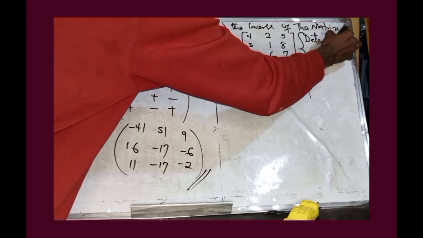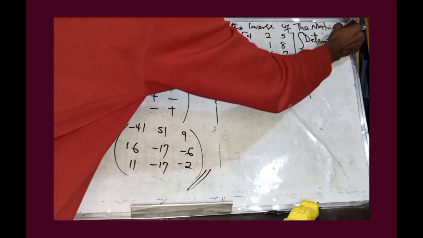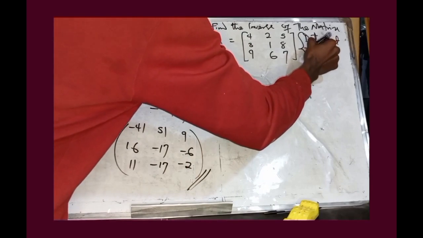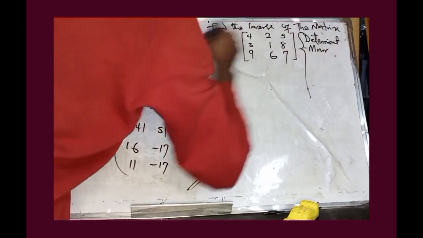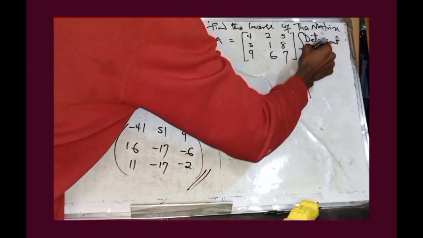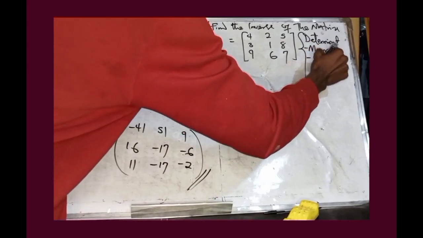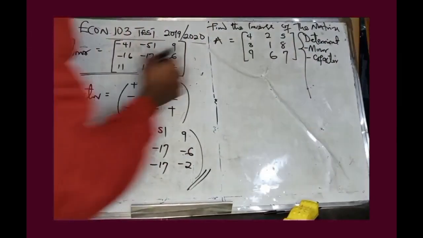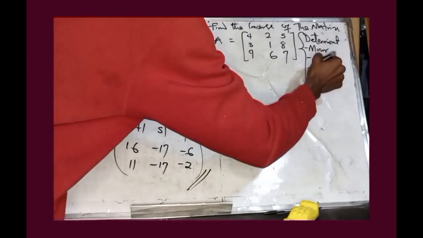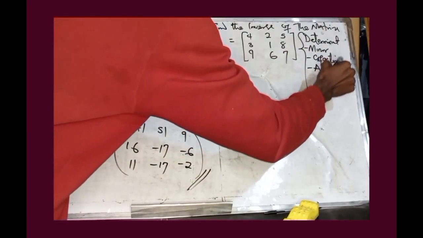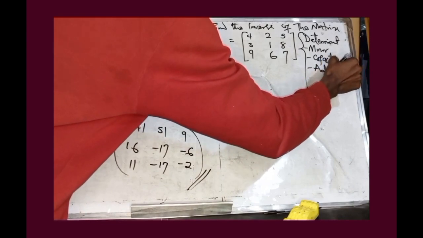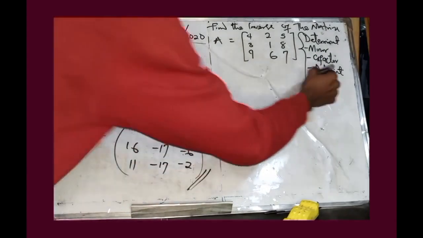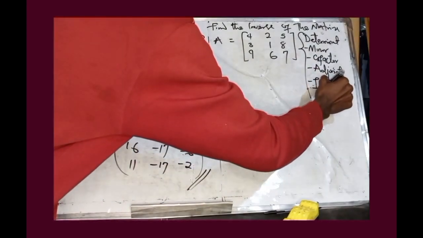Secondly, we need to get the minor of the matrix, after which we need to obtain the cofactor of the matrix. Then we proceed to getting the adjoint of the matrix. Finally, we get our inverse.